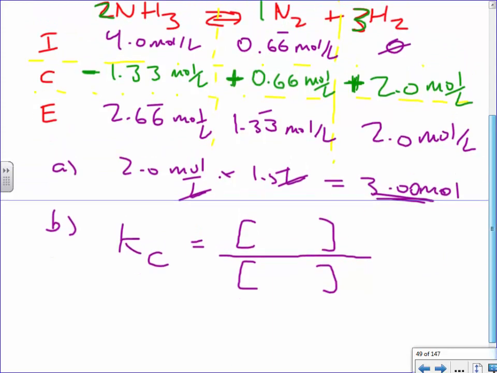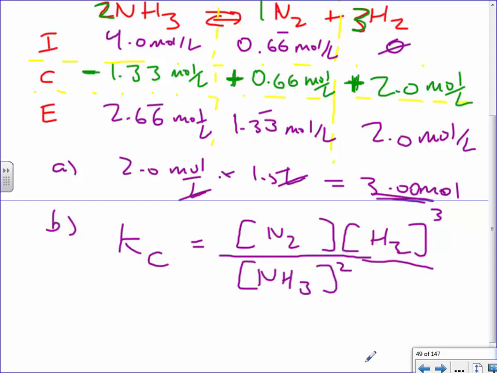And so your products, one of them is nitrogen gas, and the other one is hydrogen. Only hydrogen has to go to the power of 3 because you make 3 every time you make something, right? And then your reactants is your NH3, and you need to square that.